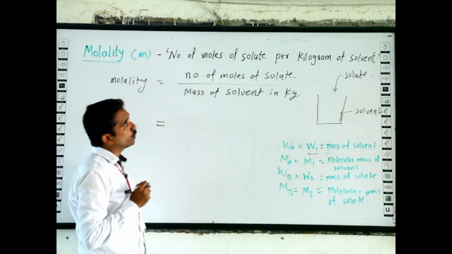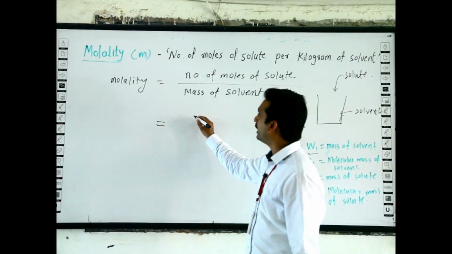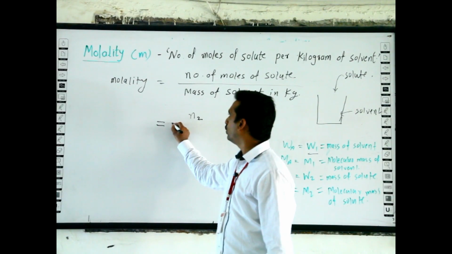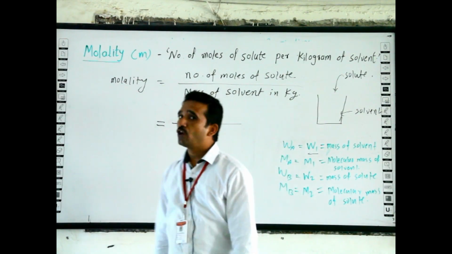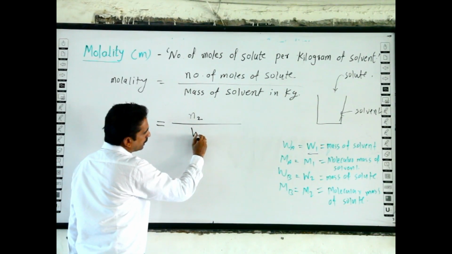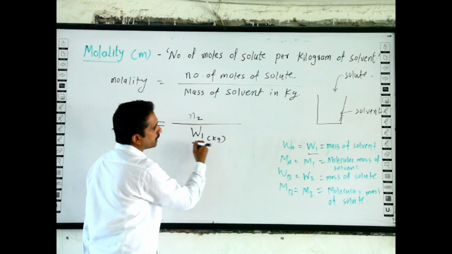Molality equals number of moles of solute, given by N2, divided by mass of solvent in kg, W1 in kg.